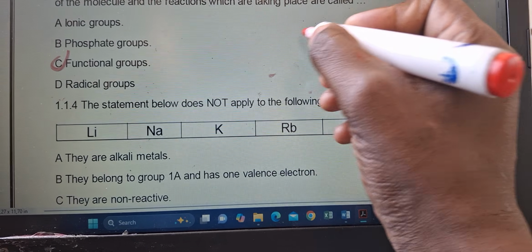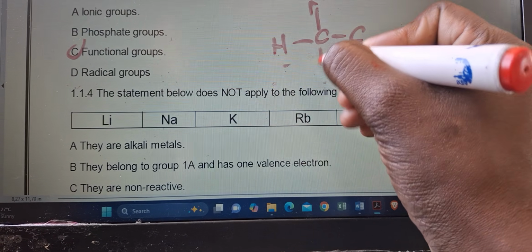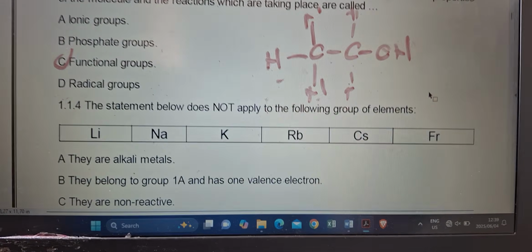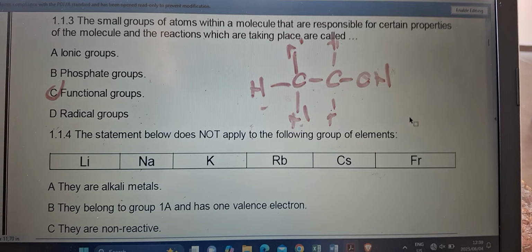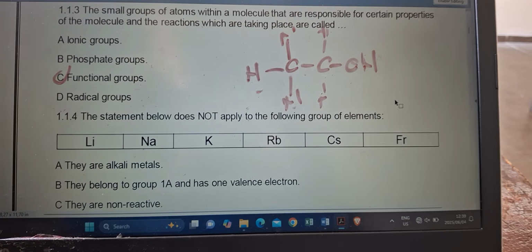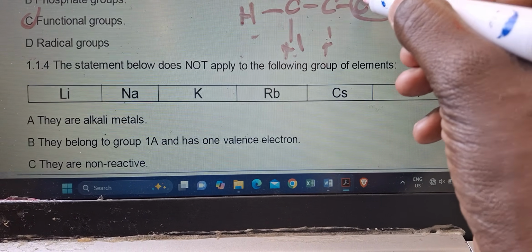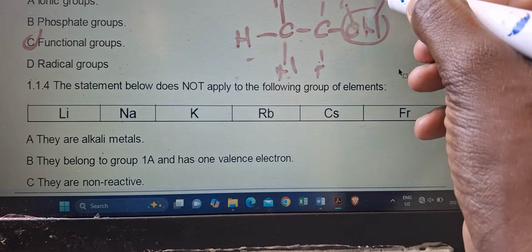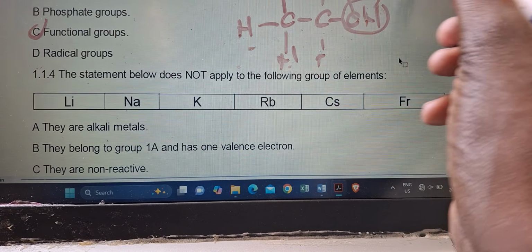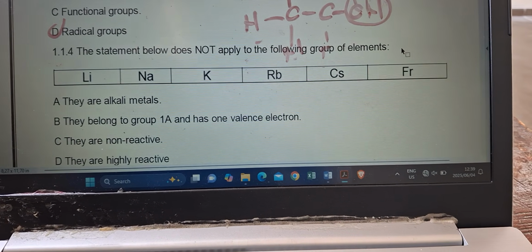Like for an example, if you look at this type of alcohol, this one is a 2-carbon alcohol, and this functional group determines the properties of this particular molecule. So this one is made up of what? Of 2 atoms. An atom of oxygen and an atom of what? Of hydrogen. So this group of atoms will actually be responsible for certain properties of this molecule of ours. Then the answer here is a functional group.